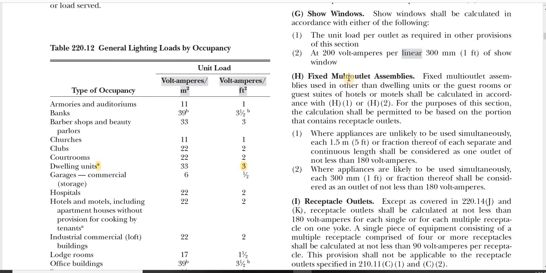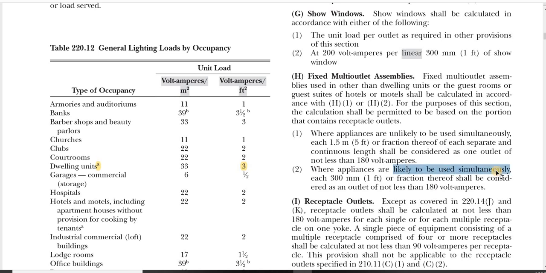Okay, let's calculate it out. First thing, let me give you a scenario so that you can understand how to apply this. Let's say that we have 65 feet of multi-outlet assembly. Fixed means you're going to mount it. And it's 65 feet, and in this case, it is likely to be used simultaneously.